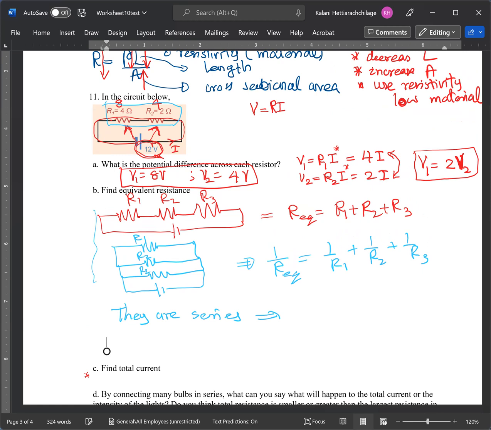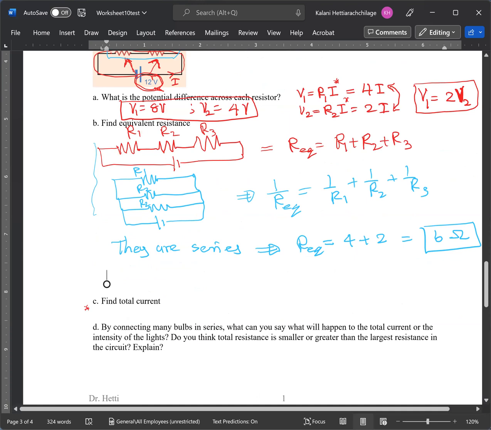If they are in series, we're just going to add them. R equivalent equals the first one plus the second one, that will be equal to 6 ohms. Okay.